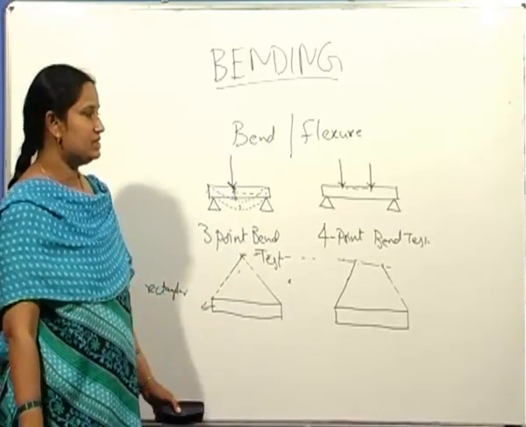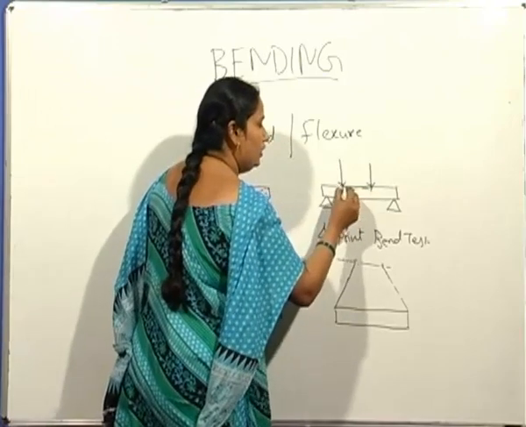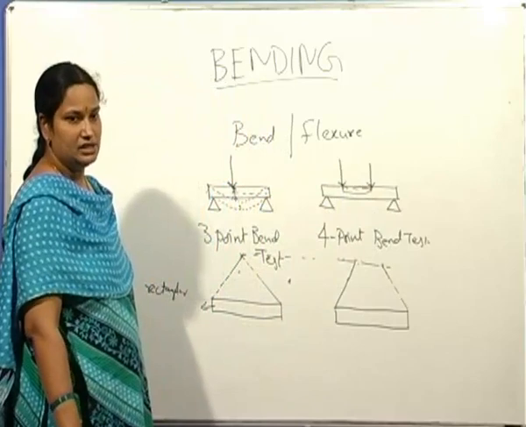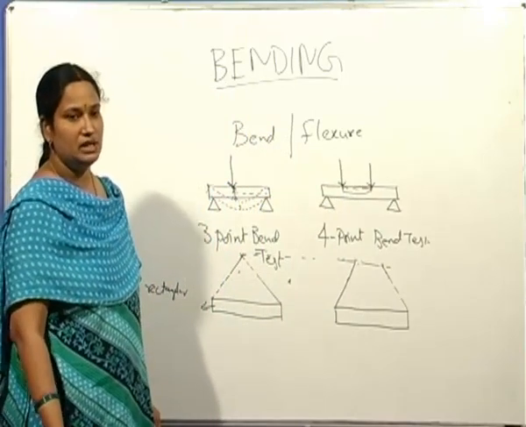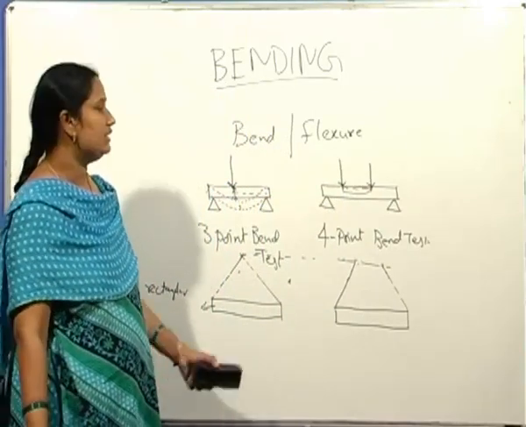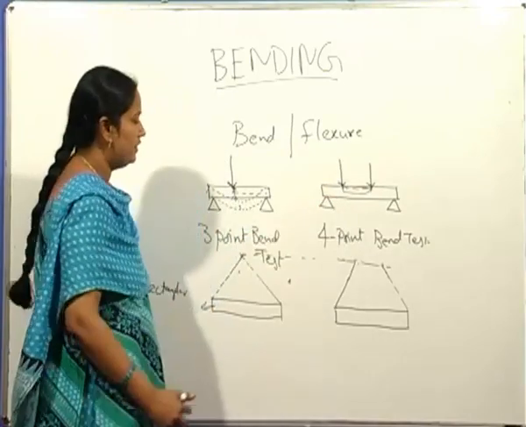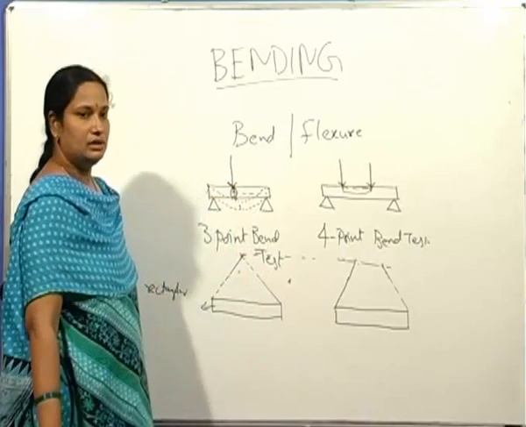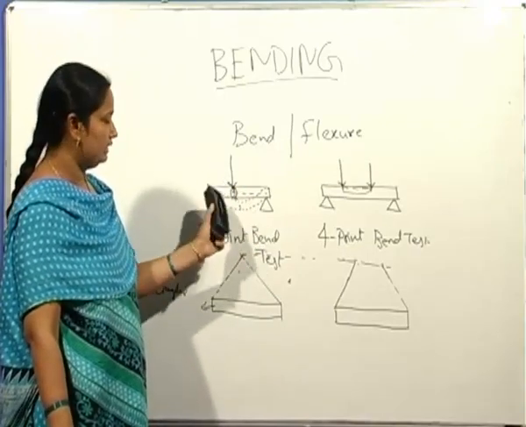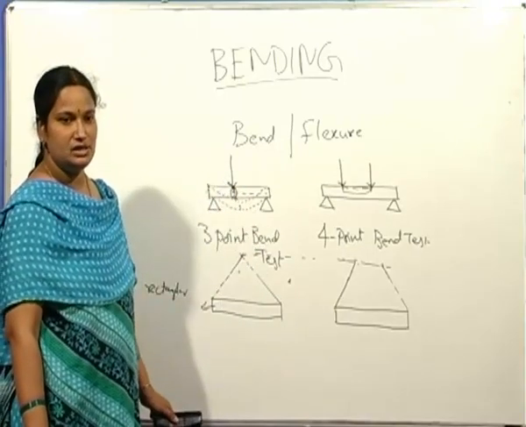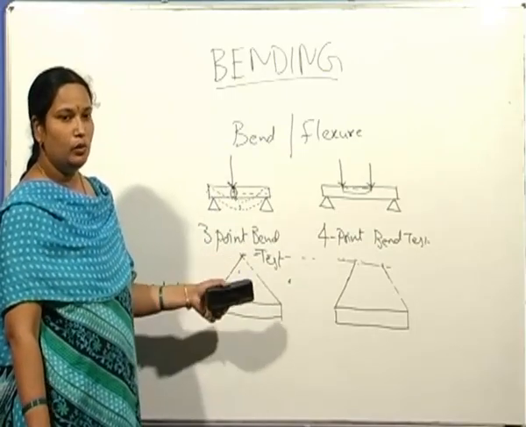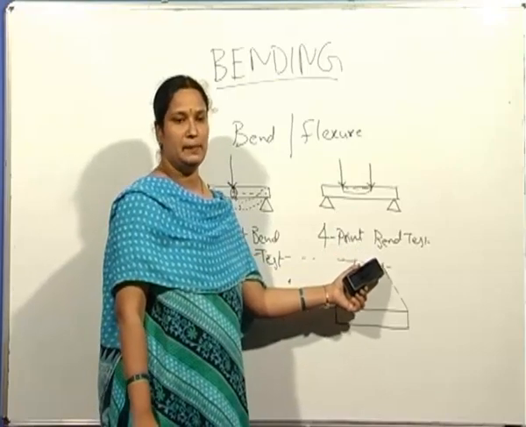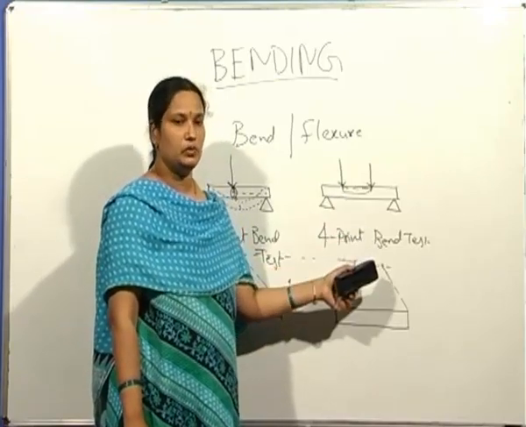The reason is that the volume between the 2 loading points is larger, so there is more possibility of defects being present in this large volume compared to the small volume under the single load in the 3-point bend test. This may lead to lower values of modulus of rupture in the 4-point bend test, and it is also proved experimentally.